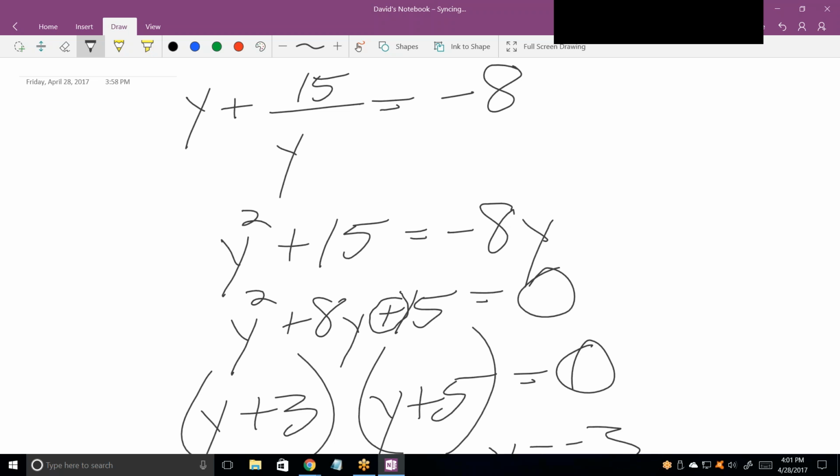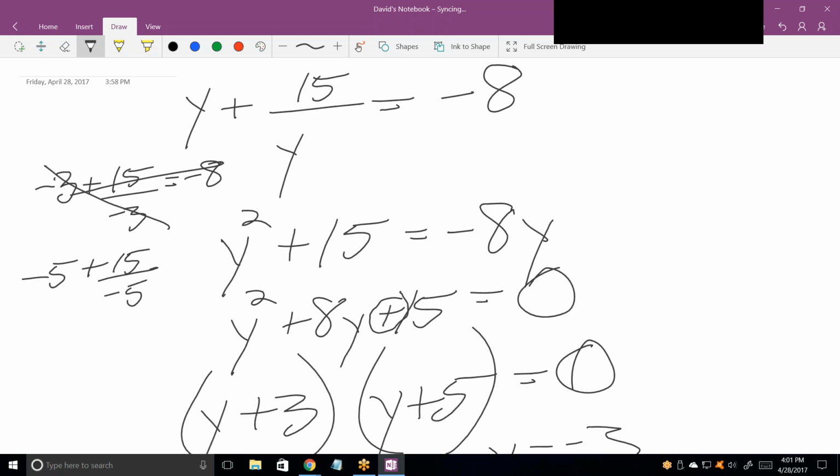Well, let's test at least the -3. So we got -3 plus 15 over -3. Is that equal to -8? Yes, it is. Okay, and the other solution was -5. So we got -5 plus 15 over -5.